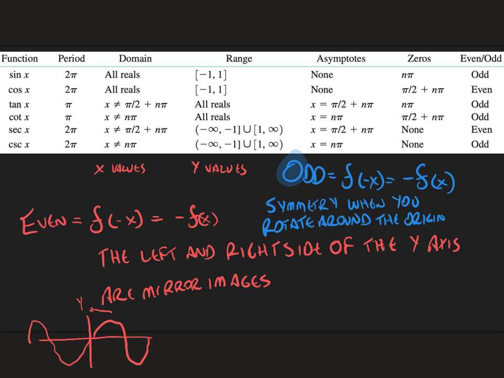You flip it upside down and then flip it left, or you rotate it 180 degrees. Now the cosine is even, which means if I flip the cosine around the y-axis, you're going to get a mirror image. So that's the difference between even and odd.